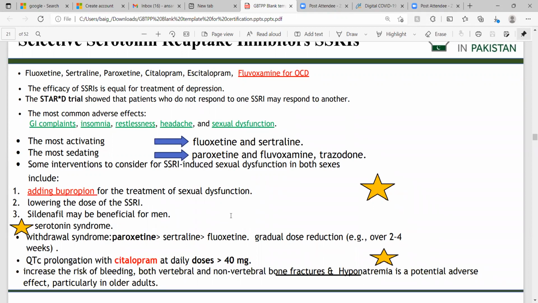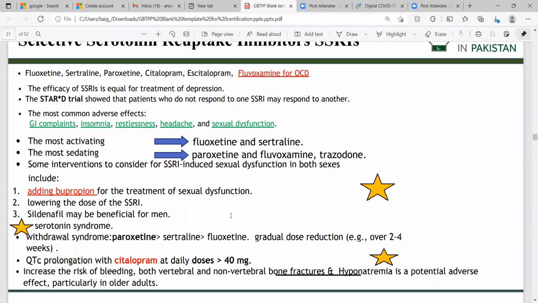Paroxetine has a side effect of weight gain, and this is the most sedating agent. With citalopram and escitalopram, if we are using over 40 milligrams, then it may cause QT prolongation.